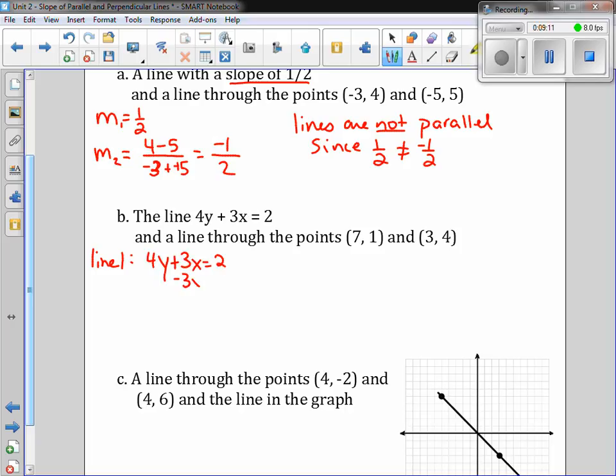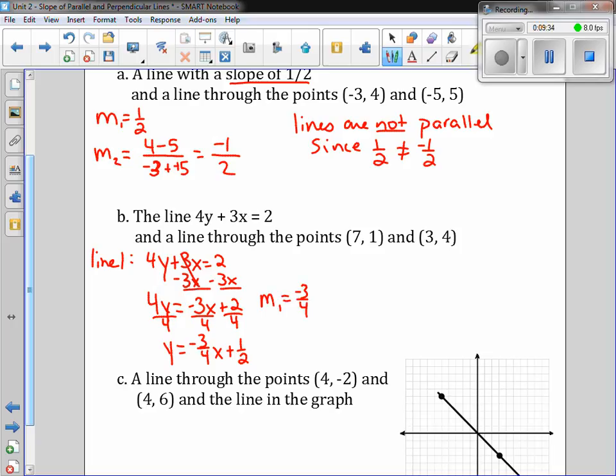We're going to subtract 3x from both sides. 4y is equal to -3x plus 2. Divide everything by 4, and y is equal to -3/4 x plus 1/2 when you simplify. So therefore, the slope of line 1 is -3/4.